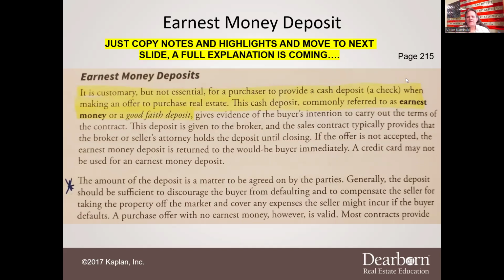Okay. So highlight this on page 215 about the earnest money deposit. It's customary, but not essential for a purchaser to provide a cash deposit, a check, when making an offer to purchase real estate. This cash deposit is commonly referred to as an earnest money or good faith deposit. And then put a little asterisk down here, and we'll have an explanation of all this instead of reading it here.